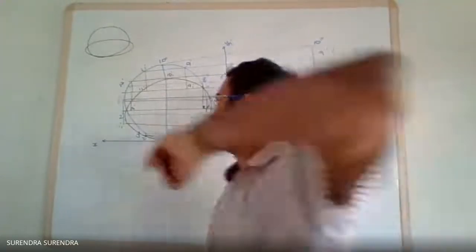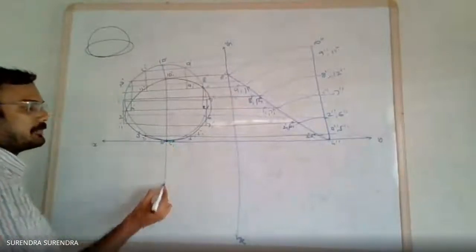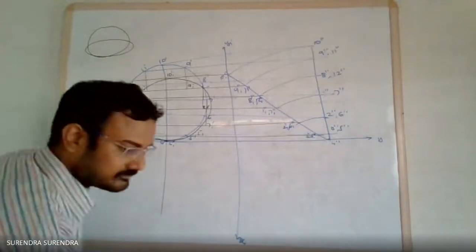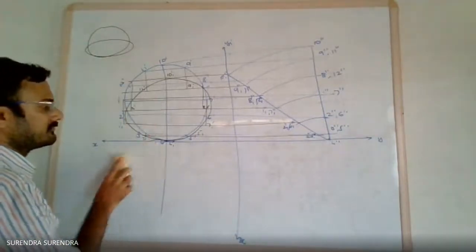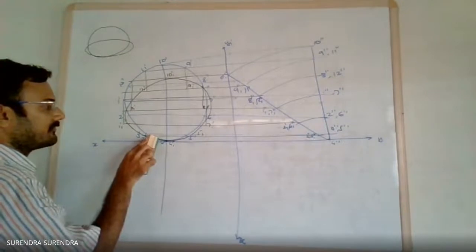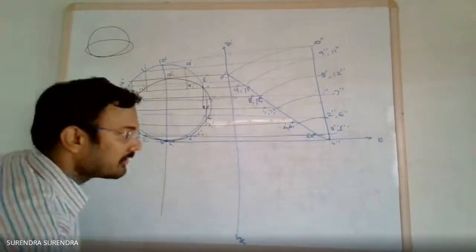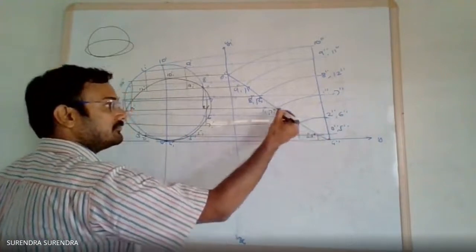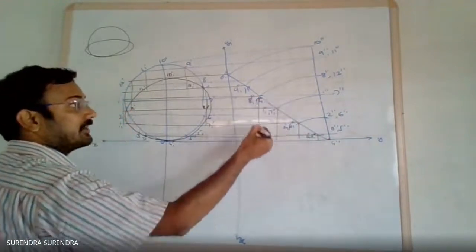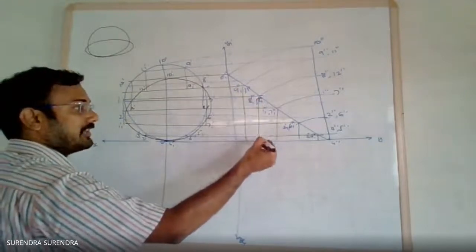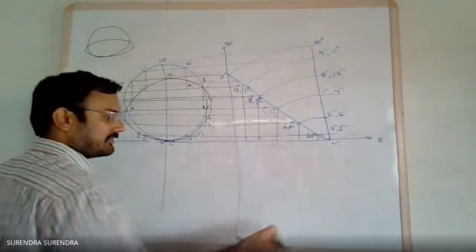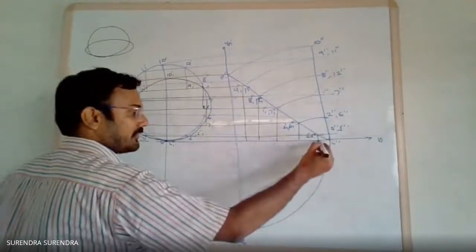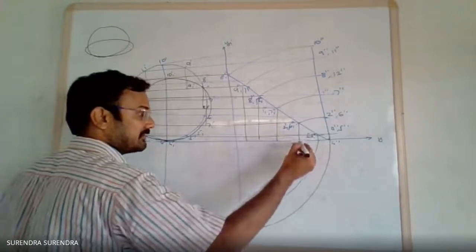Top view also. For the top view, the initial top view is the same. Draw the projections from each and every point to the XY line, and transfer these distances as we did in the projection of lines.